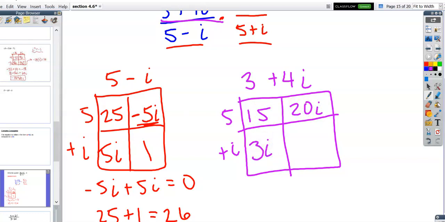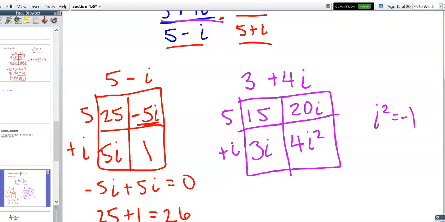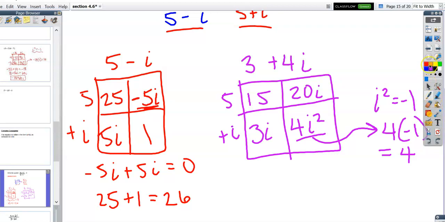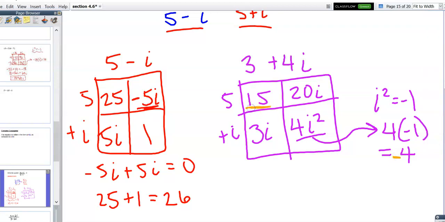And then 4i times i is 4i squared. And then we said that i squared equals negative 1. So this is the same as 4 times negative 1, which becomes, oh sorry, negative 4.